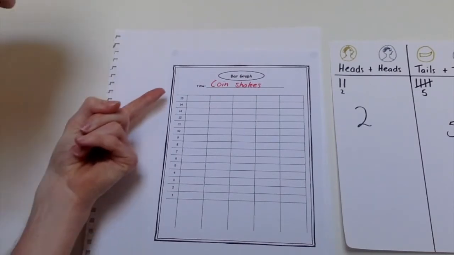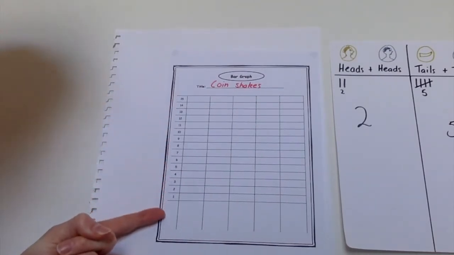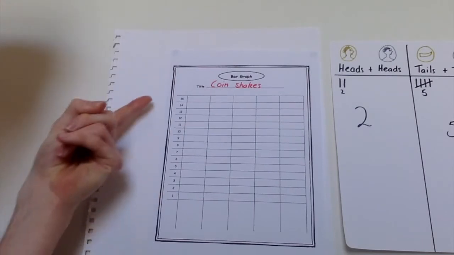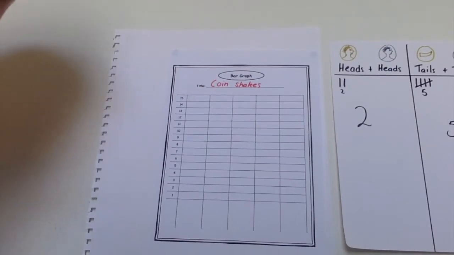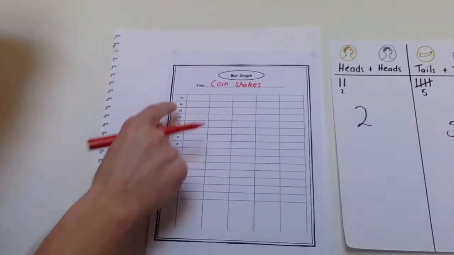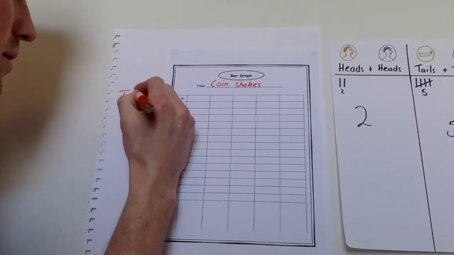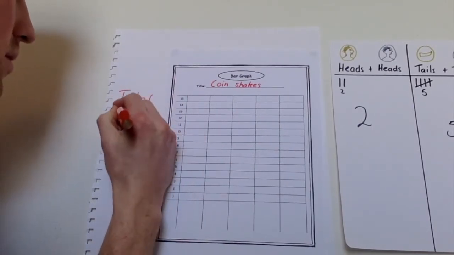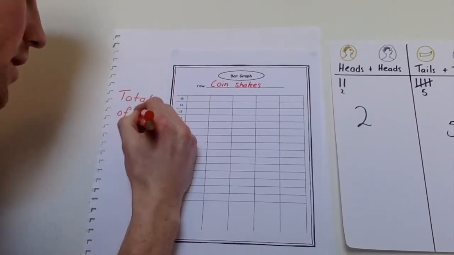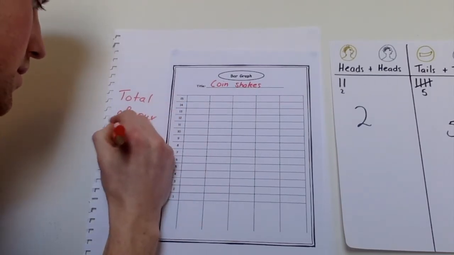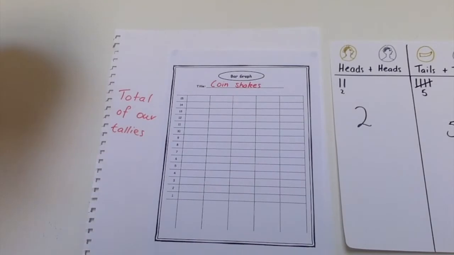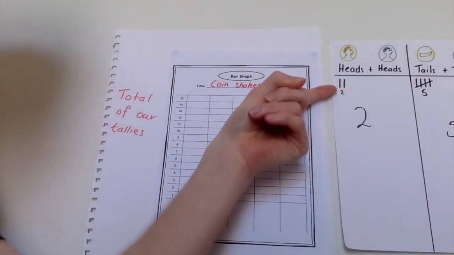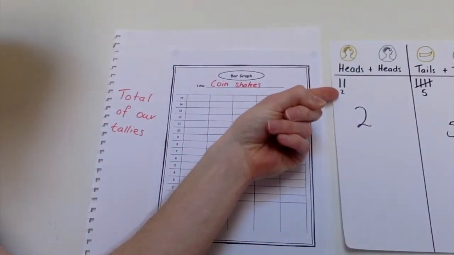You might have noticed that there are numbers down the side. Why are there numbers down the side? Well, these numbers represent the total in our tallies. The total in our tallies means what we rolled or shook and it came out in our cups.